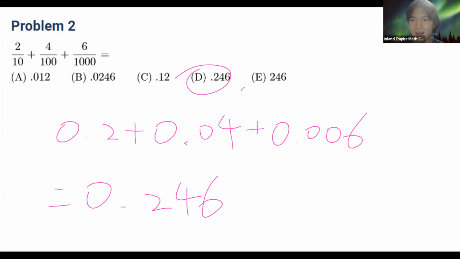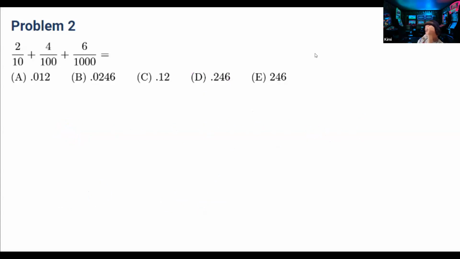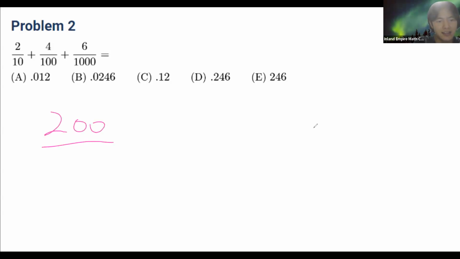Nope. Okay. Can you do 2/1000 plus 200 over 1,000 plus 40 over 1,000 plus 6 over 1,000? Definitely another valid method. So what you could also do is make them have a common denominator, right? So you'll turn the 2 over 10 to 200 over 1,000.